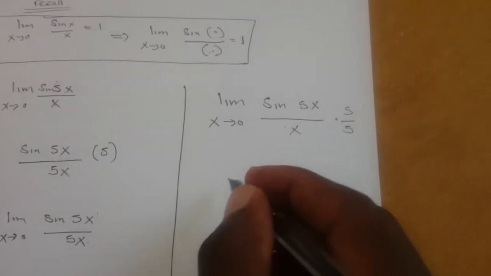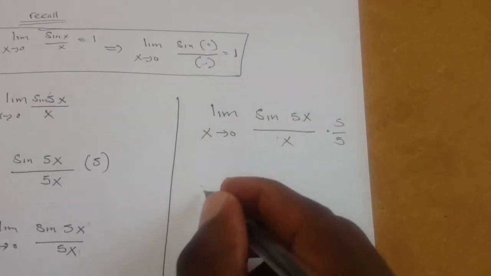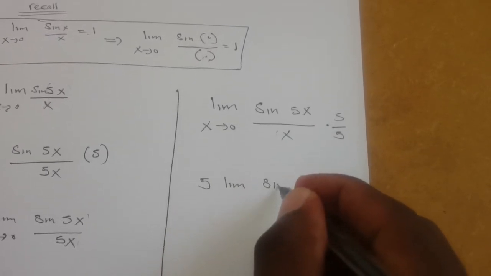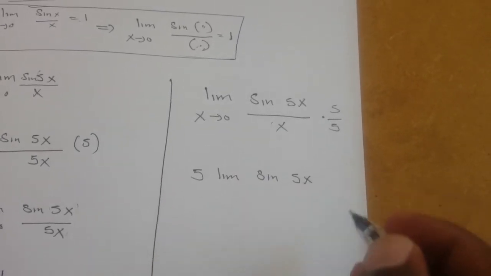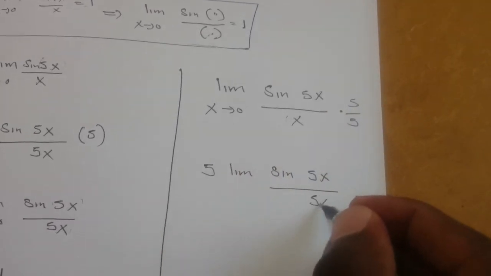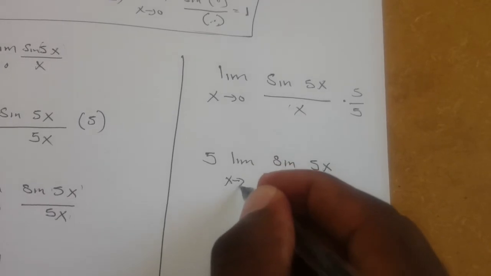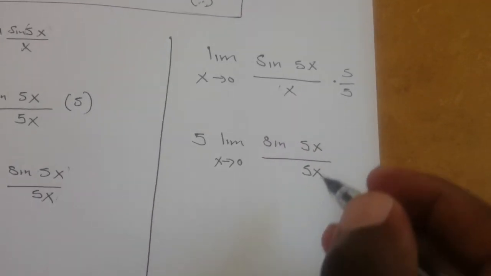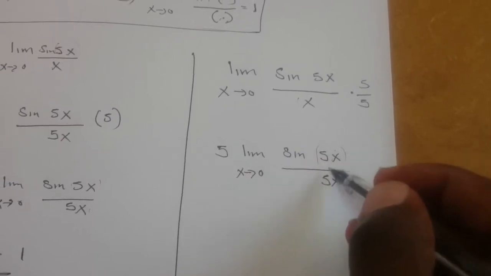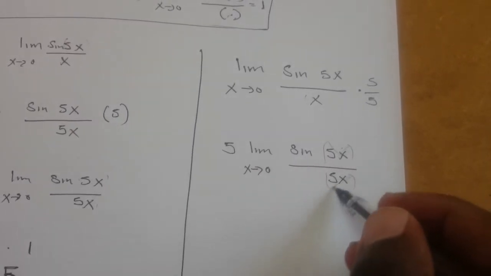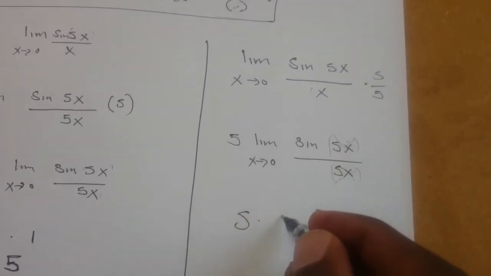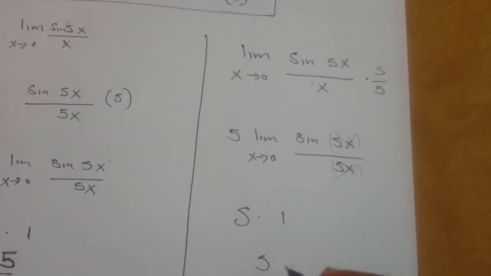We are going to have 5 times the limit of sine 5x over 5x as x is approaching 0. Then the limit is 1, which gives us 5.